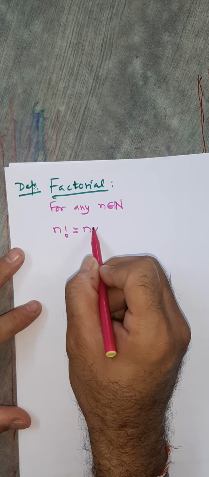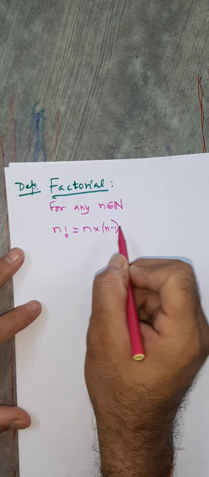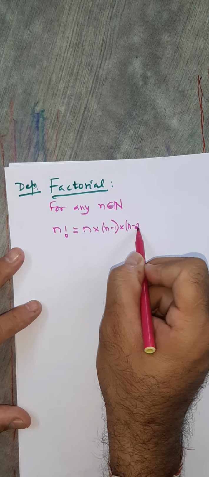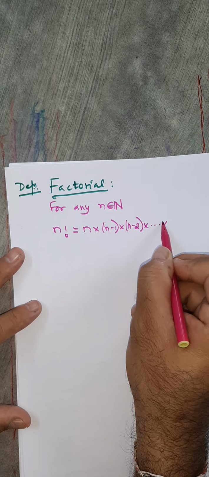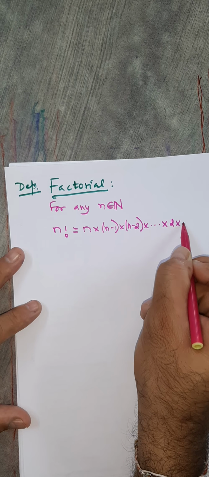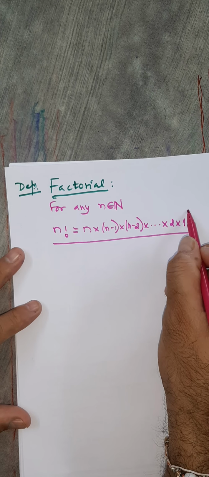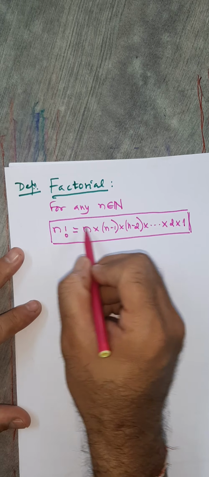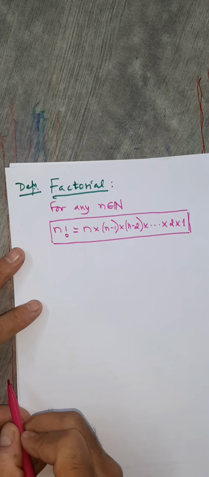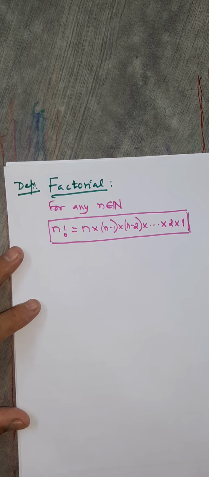That is n into n minus 1, then n minus 2, and so on till 2 and finally 1. This is the definition of factorial: the product of the first n natural numbers is defined as n factorial.